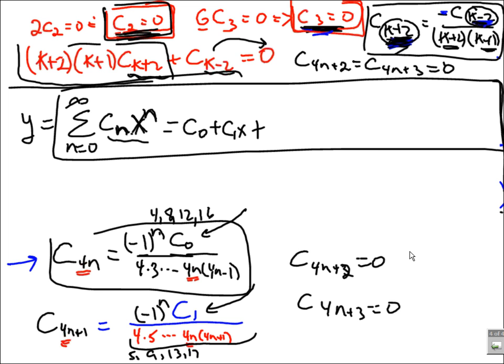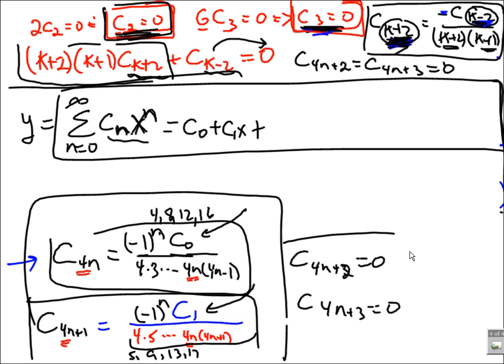And now we start using what I have boxed down here. We're going to talk about C sub 4. That's when n is 1, and that's an odd number. Negative 1 to an odd number is negative. So it's going to be negative C sub 0 over 4 times 3, x to the 4.